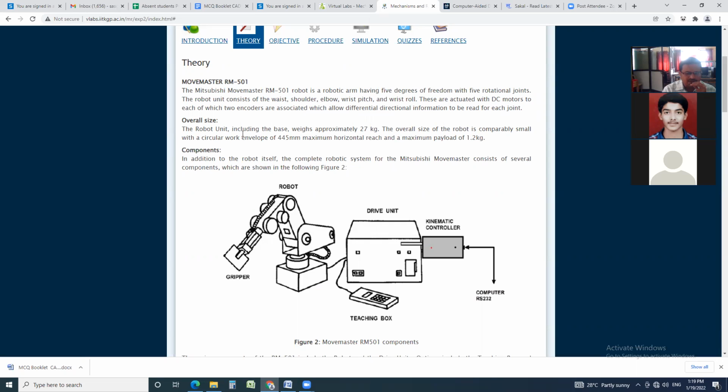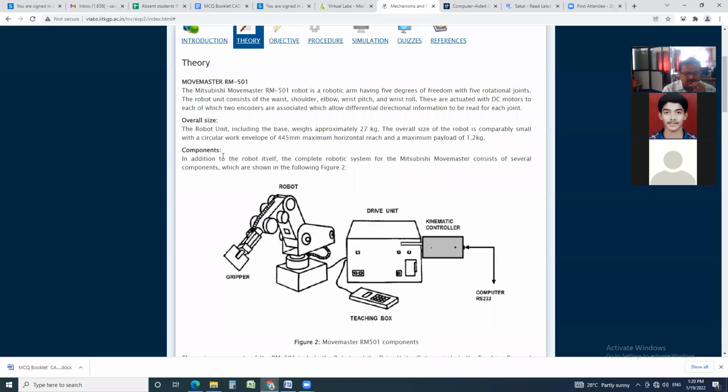The robot unit, including the base, weighs approximately 27 kg. The overall size of the robot is comparably small, with a circular work envelope of 445 mm maximum horizontal reach, and a maximum payload of 1.2 kg. Therefore, this robot can lift the weight up to 1.2 kg.